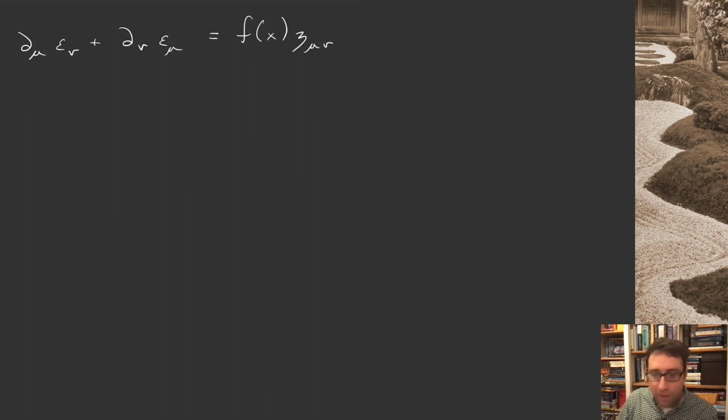So I've copied the happy face equation. Our next step is to consider a further derivative of this, d rho. And we're going to do it in a very particular way. We're going to consider some permutations of the derivative.